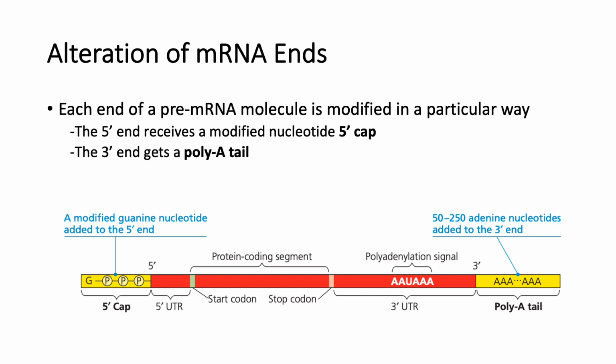Meanwhile, the 3' end of the pre-mRNA molecule is also modified before the mRNA exits the nucleus. An enzyme adds multiple adenine nucleotides to the 3' end, forming a poly-A tail. The poly-A tail is composed of 50 to 250 adenine nucleotides added to the 3' end.